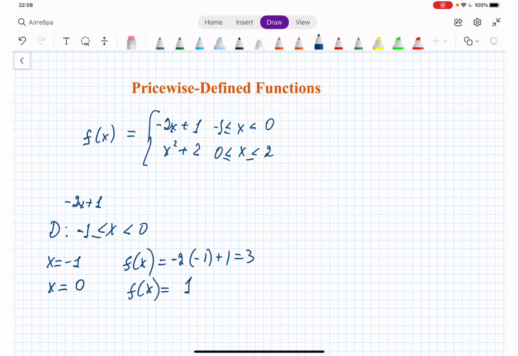Let me change the color here so based on color you can figure out what I'm talking about. So now we are taking f of x is equal to x squared plus 2. Let me write down f of x is equal to, here also f of x is equal to.